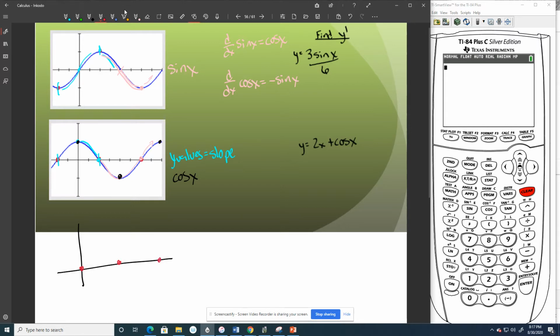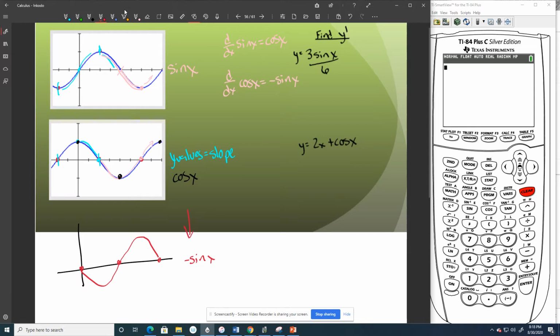And then from this 0 to this 0, my slope is negative. So I'm down here, but then it starts going back up. And then from this point to this point, my slope is positive, but then it maxes out and starts going down. And what you get here is the negative sine function. So the derivative of sine is cosine. The derivative of cosine is negative sine of x.